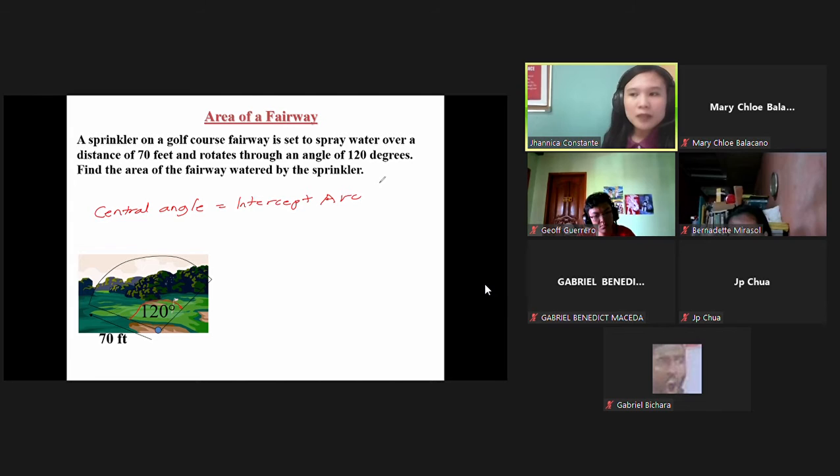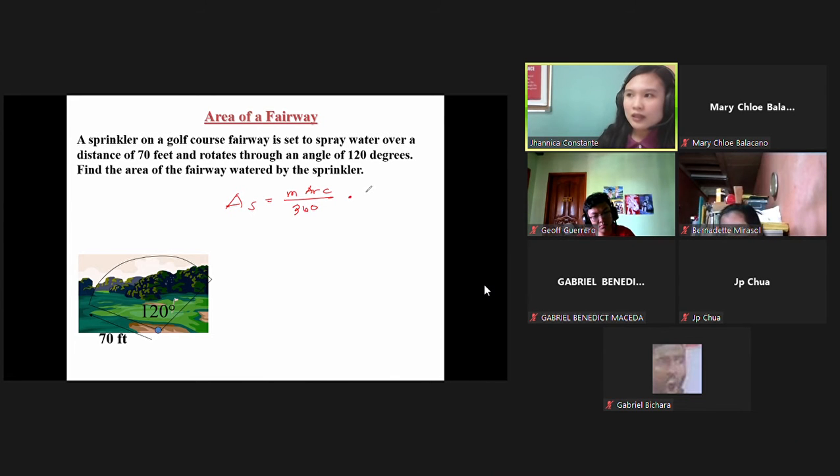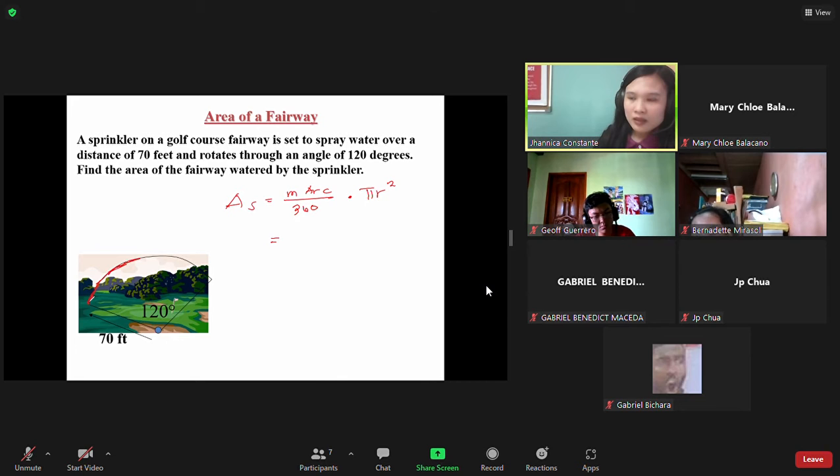So even if in the problem the given is an angle, we're going to use the same formula in finding the area of the sector, which is area of sector equals the measurement of the arc divided by 360 times pi r squared. So if this is the arc of the circle and the central angle measures 120, the intercepted arc is also equal to 120.